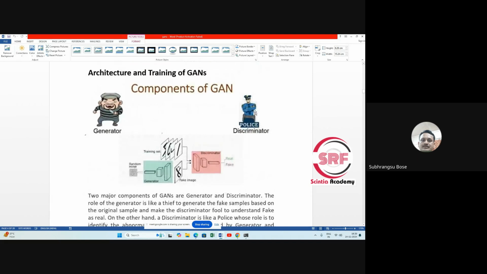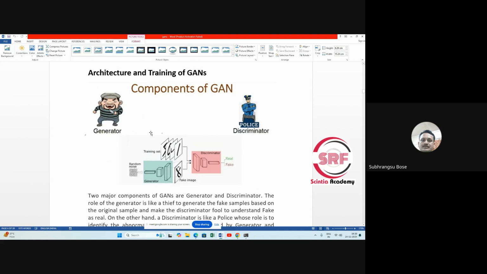Basically, this is the fundamental architecture of the GAN: one generator model and the other one discriminator model. The generator model is a CNN, a neural network model, and the discriminator is also another CNN model.